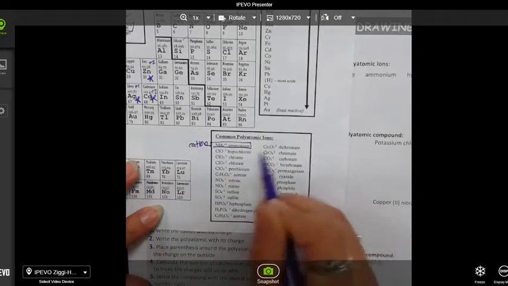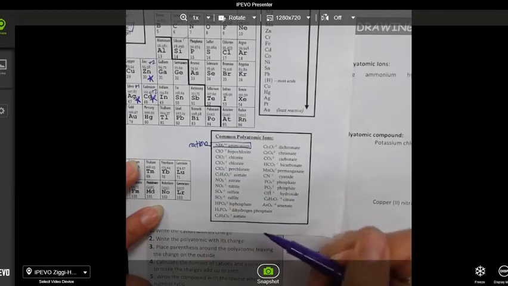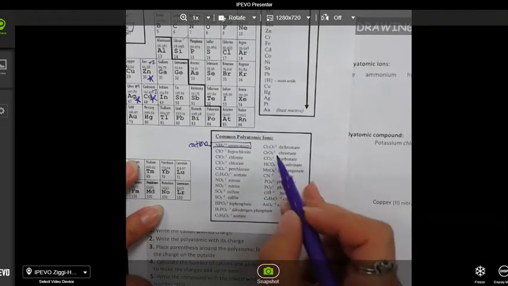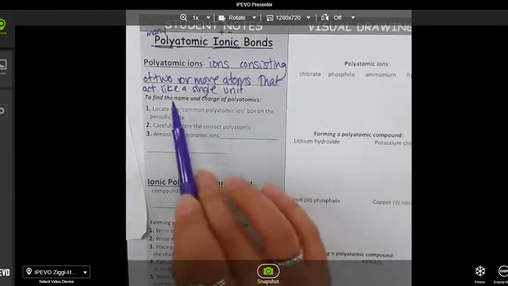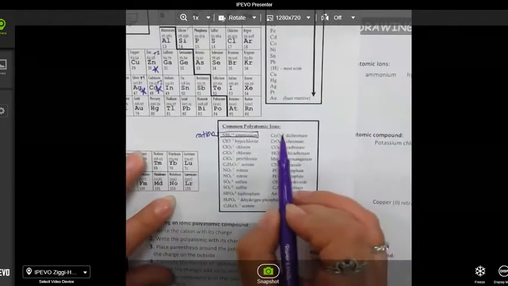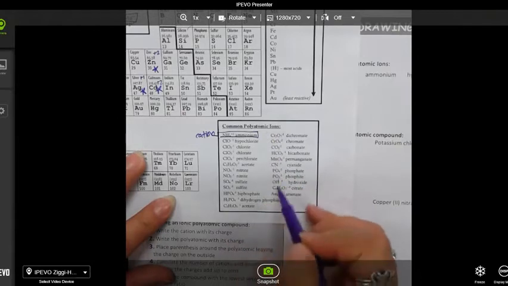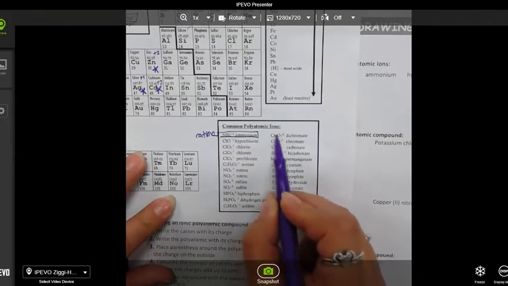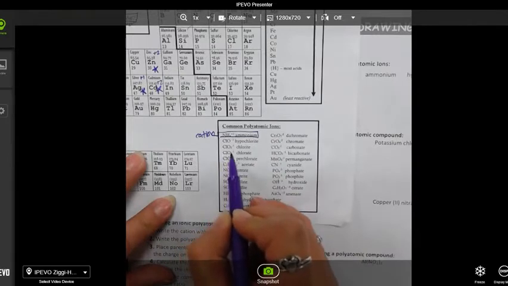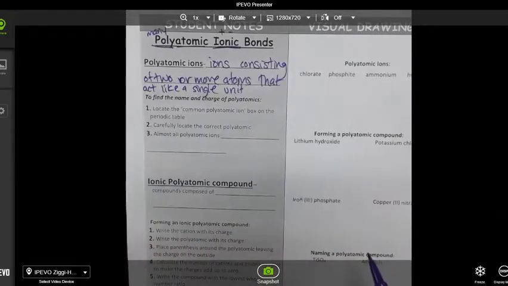Everybody else here is negative, an anion. Now, what I mean when I say ions consisting of two or more atoms that act like a single unit is that these are going to act like single units. So Cr2O7 is going to stick together. ClO3, it's going to stick together.